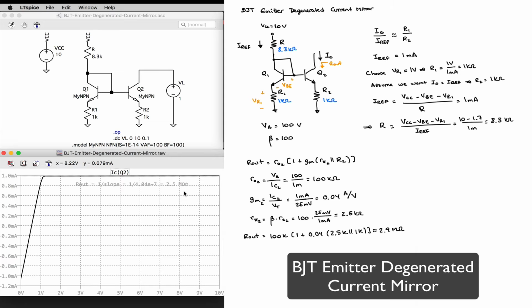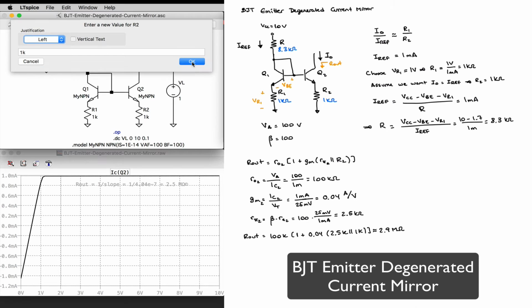The other thing I wanted to show is how the currents are going to vary by varying the ratios of the 2 resistors. I'm going to keep my R1 constant and modify R2 so that I don't disturb my reference current of 1 milliamp. But let's say that I wanted to reduce my current through R2 by half.